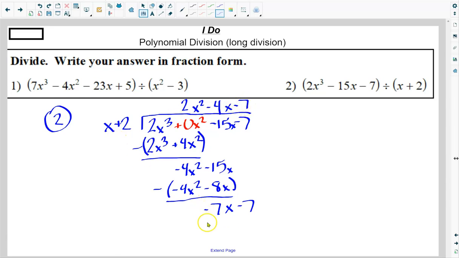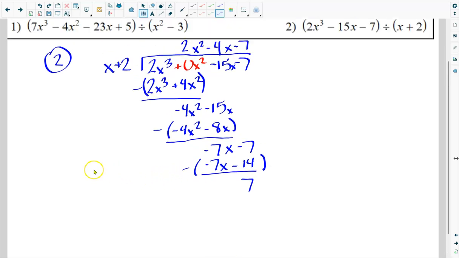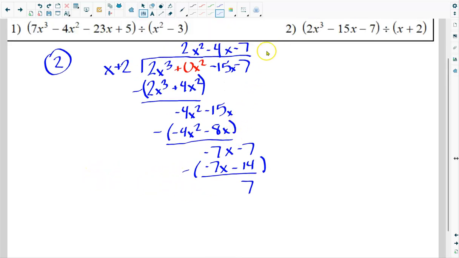This times this. This times this. We subtract, these are done. Negative 7 plus 14 is 7. Okay. So at the end, I'm going to get a remainder of 7 over x plus 2.